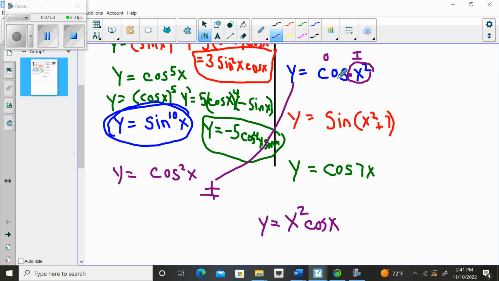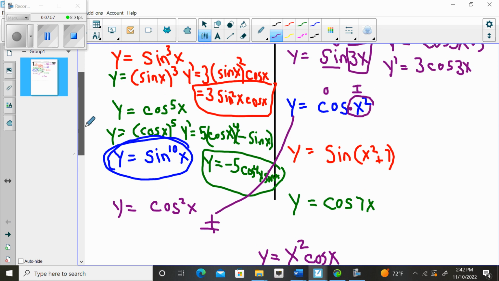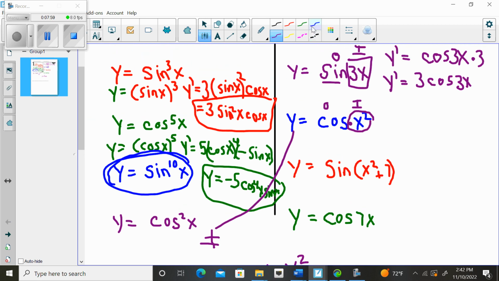Here cosine is the outer and the inner is the angle. So I want to take the derivative of cosine, which is negative sine. Negative sine, keep the angle exactly the same. So keep the angle, the x squared, times the derivative of the angle.